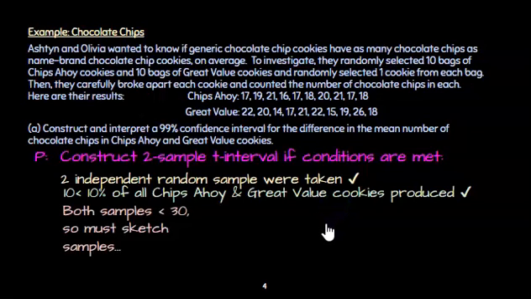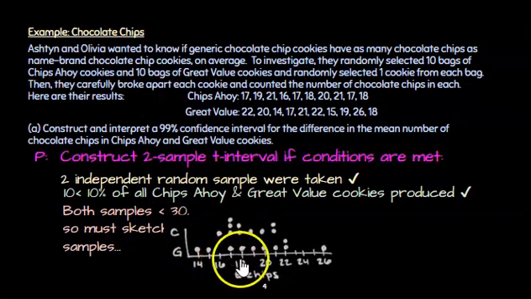Now for large enough, is my sampling distribution going to be approximately normal? Well, my samples are not greater than 30. So I have to sketch those samples out. So I created a dot plot. Looks like this. Remember, I'm looking for strong skewness and outliers. Don't have either.